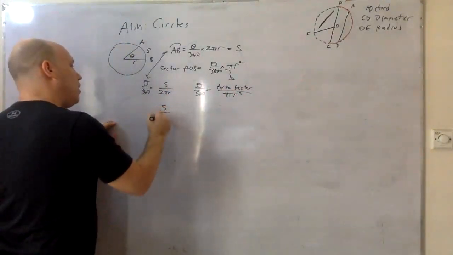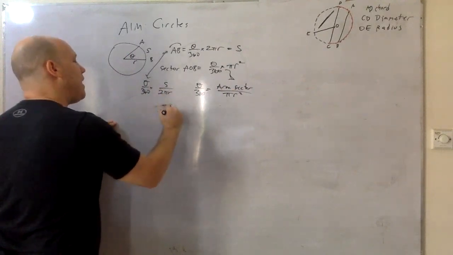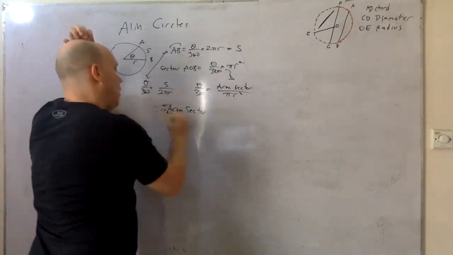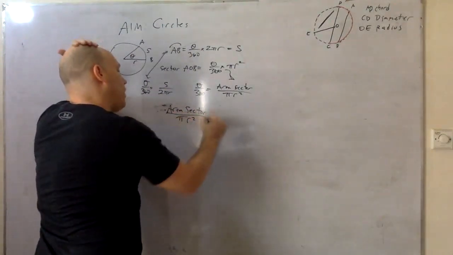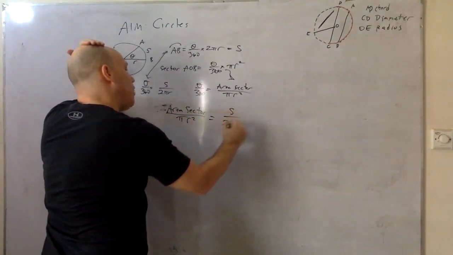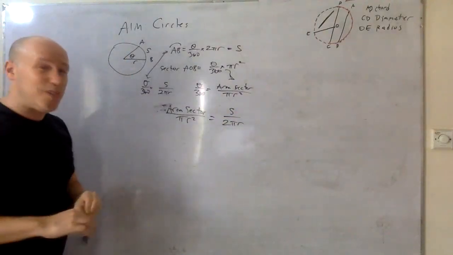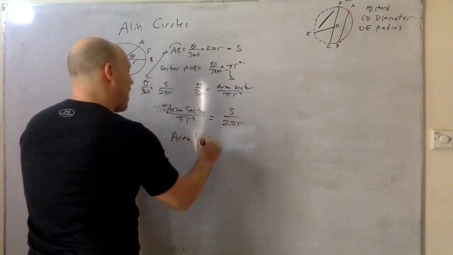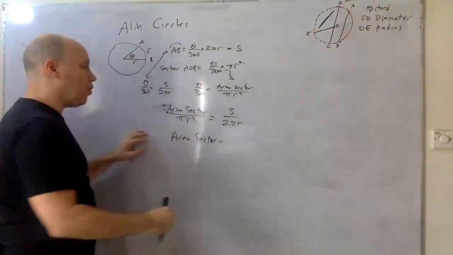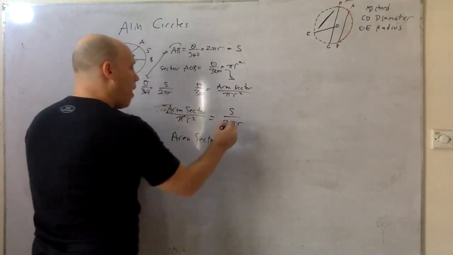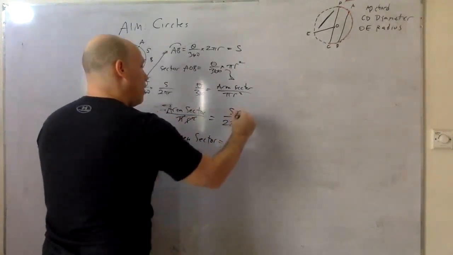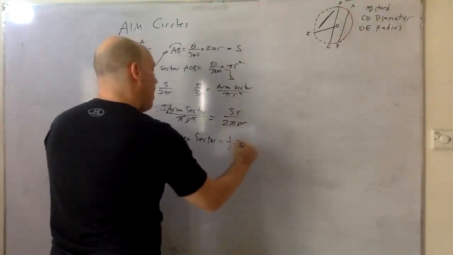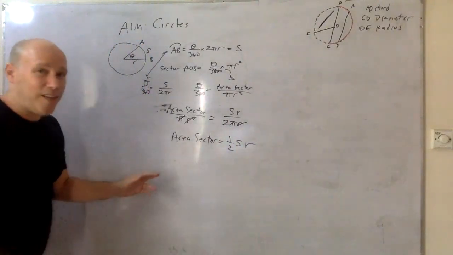That means the area of the sector over pi r squared is equal to s over 2 pi r. And we get this really interesting formula: the area of the sector is equal to, the pi goes out with the pi, r squared, and then we have 1/2 SR. That's kind of awesome.